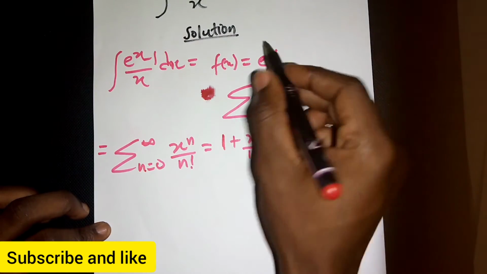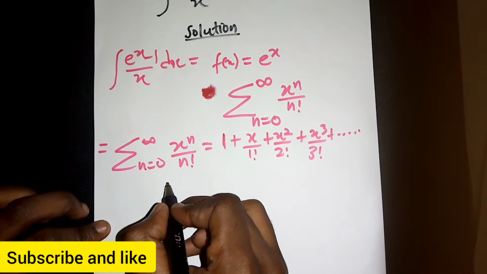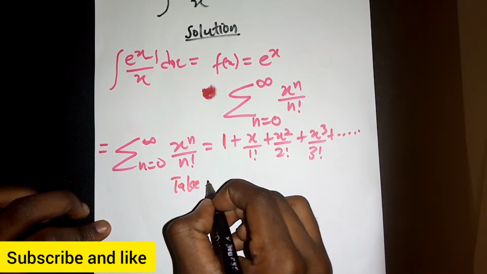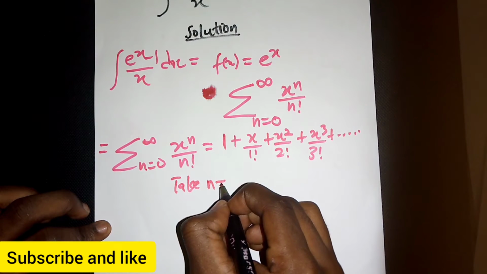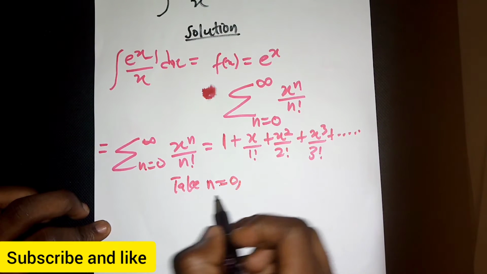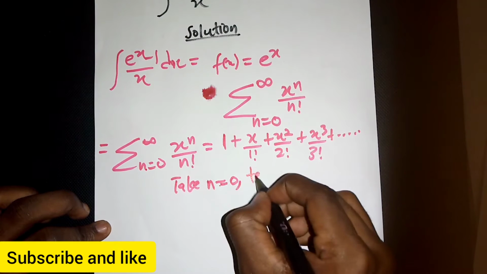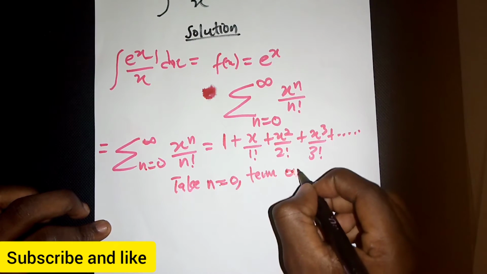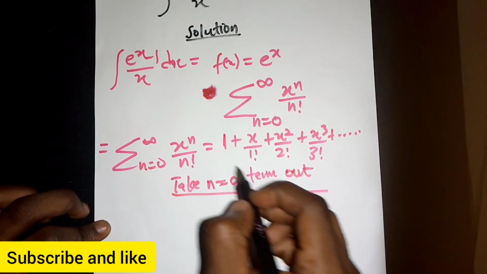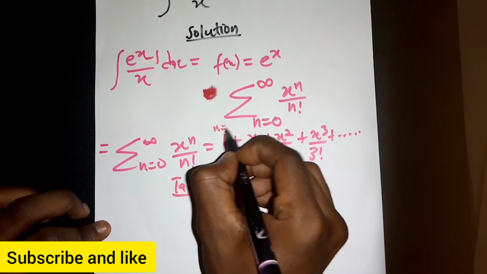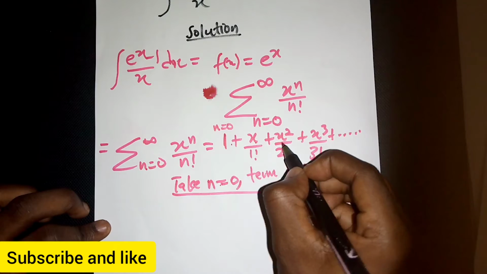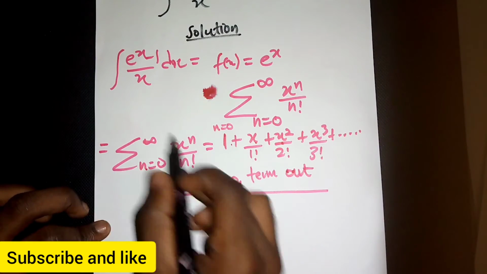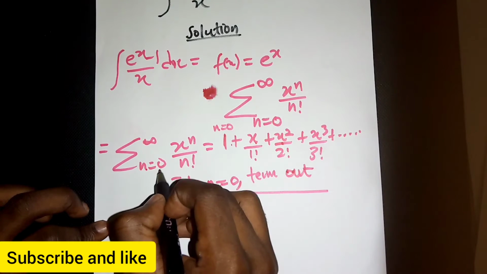From here, we are going to write this series differently, by taking the n equal to 0 term out, so that we write the summation in terms of n equal to 1.